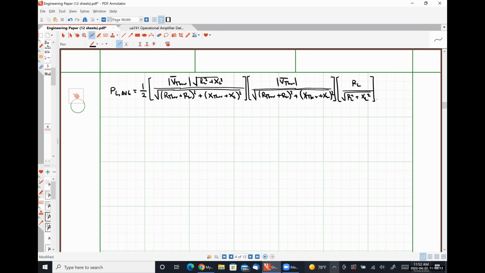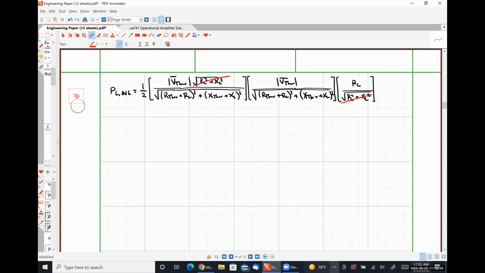Okay, so now it's time to do a couple of simplifications. The first thing that we can observe is that we have a factor of the square root of RL squared plus XL squared in the numerator, and another one down here in the denominator. So those two obviously cancel each other out.